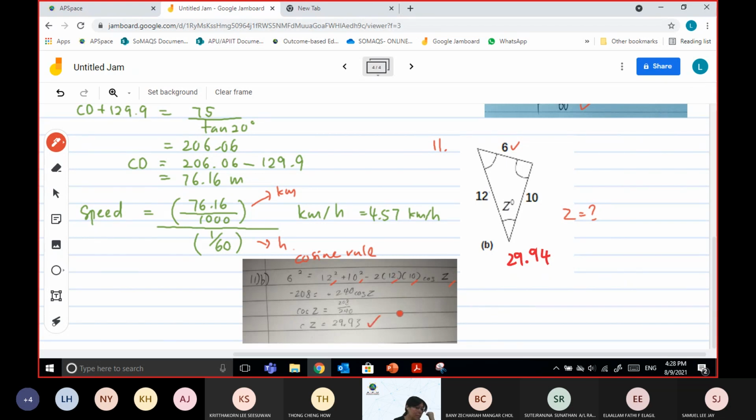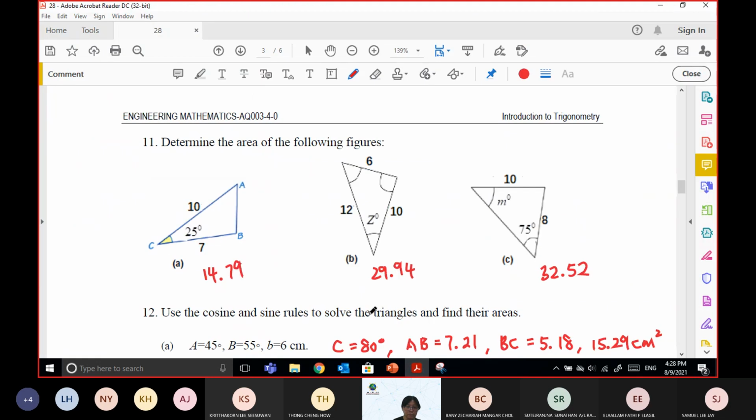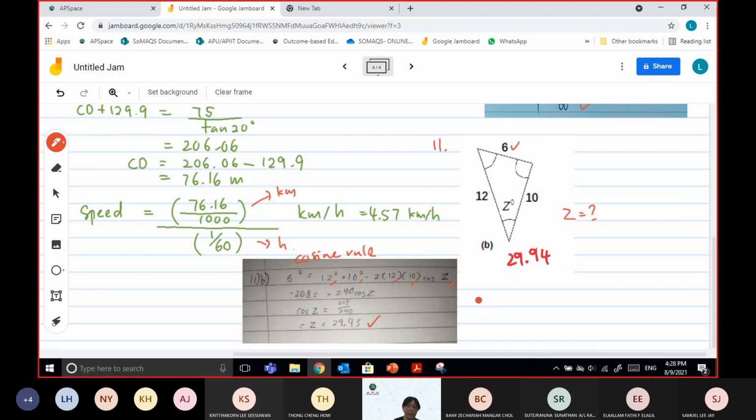But this is not complete. The question asks you to determine the area, so you still need to proceed to find the area.